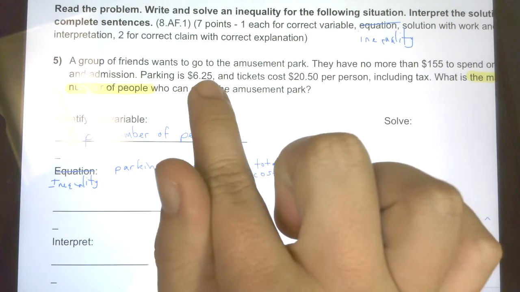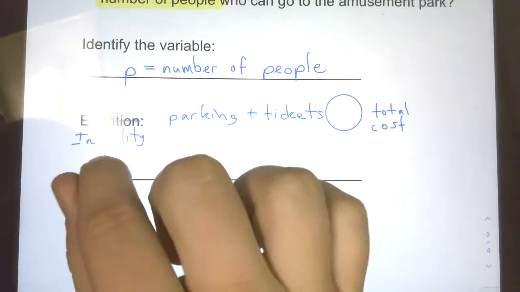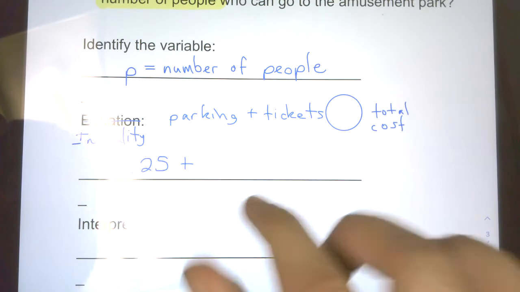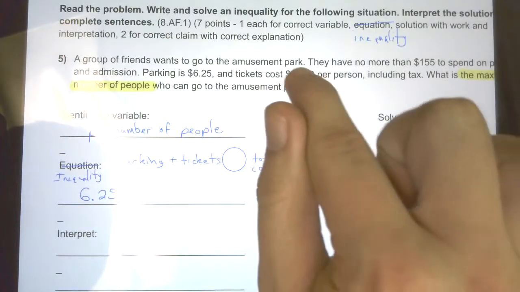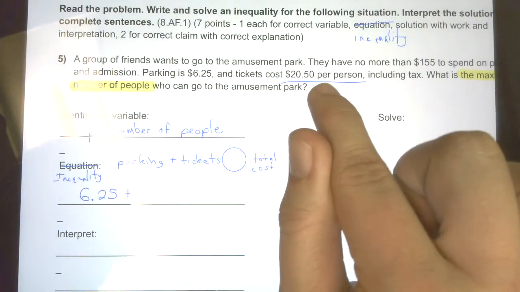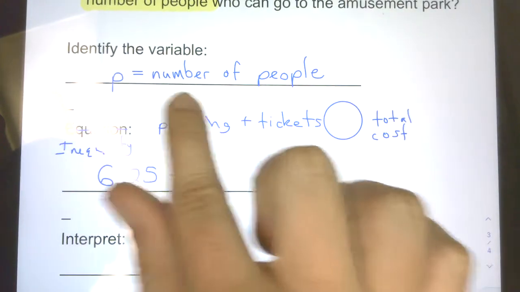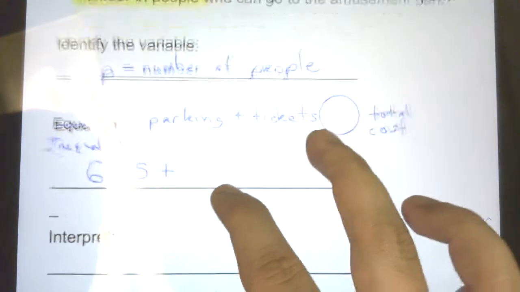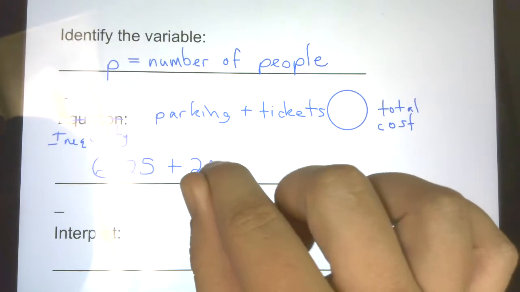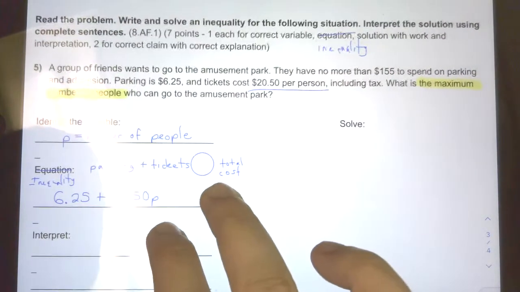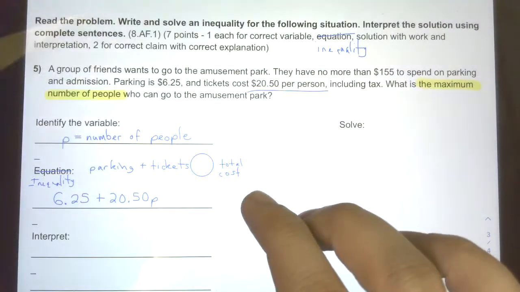It's just parking is a flat rate of $6.25. To that, we're adding the tickets, which it says is $20.50 per person. Now, we don't know the persons or people, so we're going to use P. So 20.50 P.